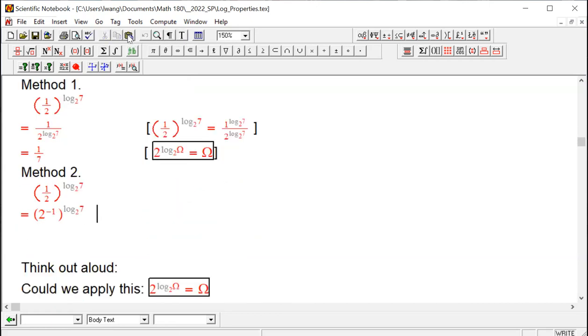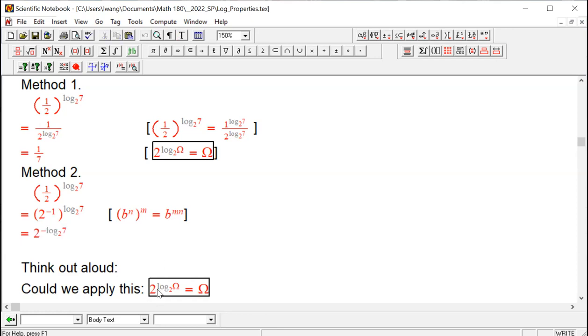Multiply the exponents. So what do we get? We get 2 raised to the power of negative log base 2 of 7. Can we apply this thing here?